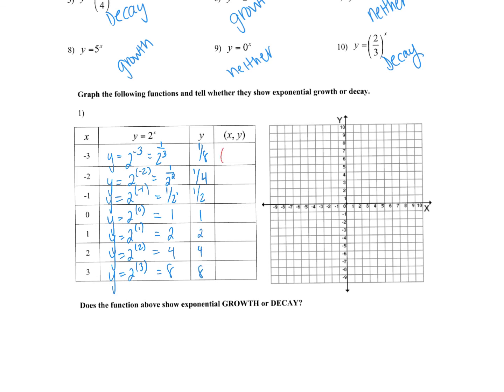Okay, so I'm going to make my points. So I'm just taking the x and the y values and making them a point. I'm going to go down my list. And then we're going to plot. So I have -3, 1 over 8. So remember, you're just going to do your best.